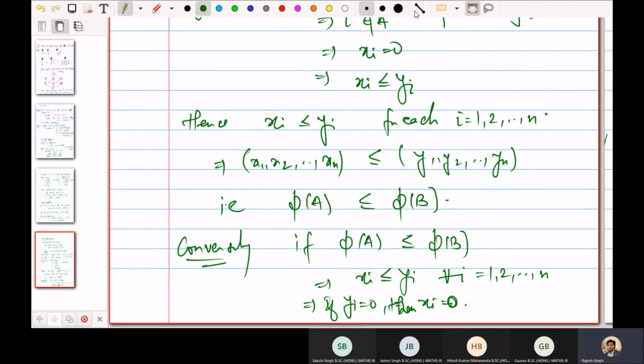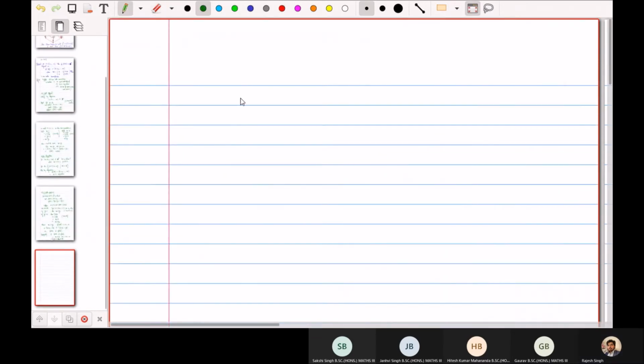And what does this imply? So this implies if yi is 0, then xi is equal to 0.